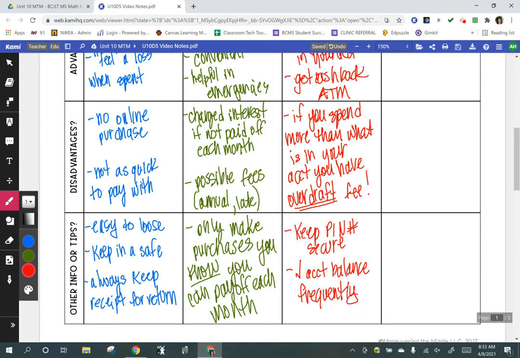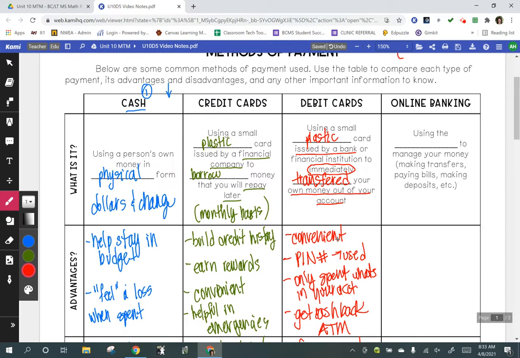Okay. All right, last one, online banking. So let's see, what color are we going to do here? Let's just do black. So online banking, using the internet to manage your money, making transfers, paying bills, making deposits, all those types of things.